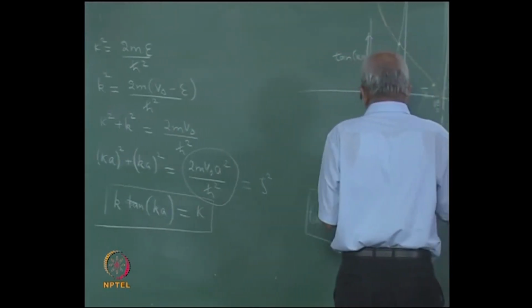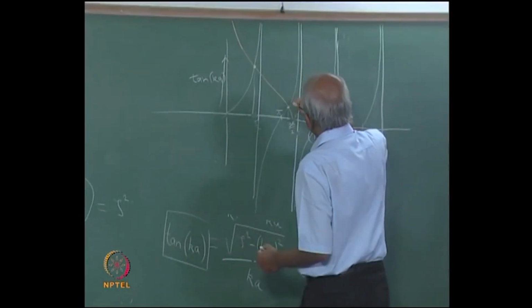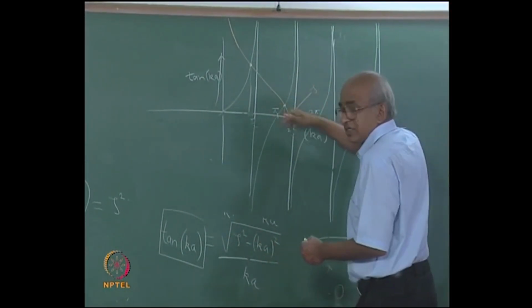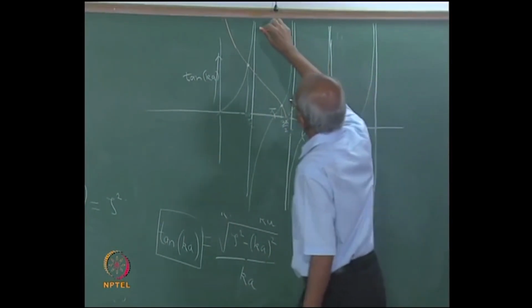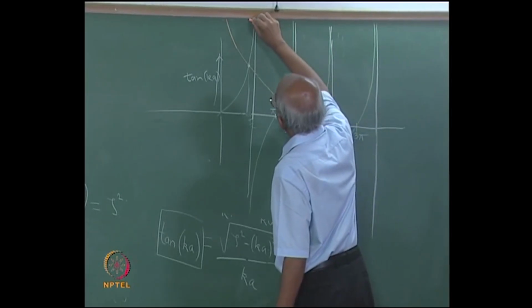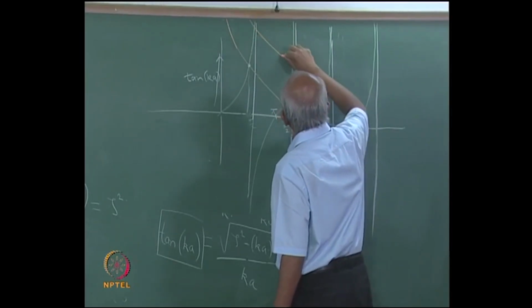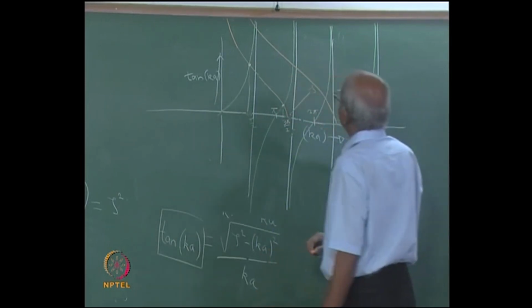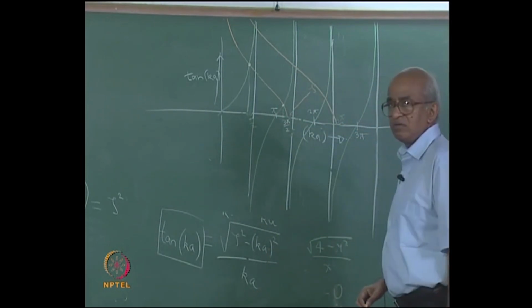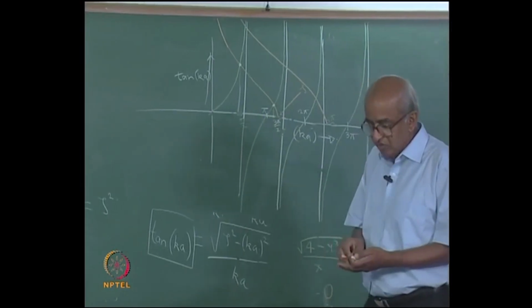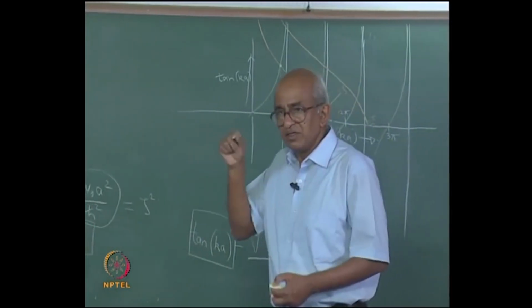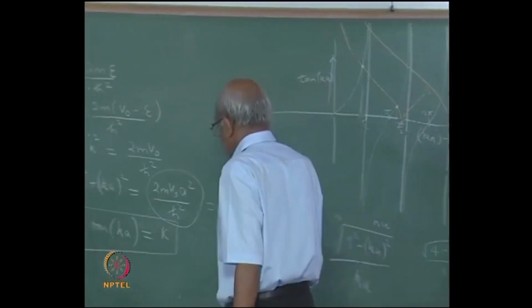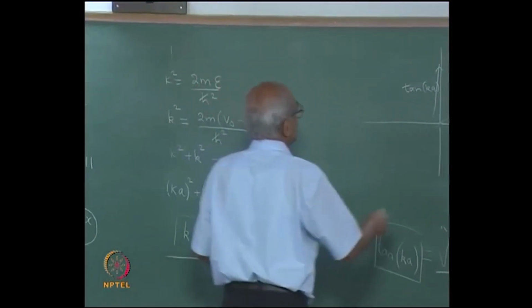So, if you increase the value of zeta, what will happen? Actually, this point will shift. So, you may have a situation where the curve would look like that. Correct? And then how many solutions do you get? The answer is there are now 3 solutions.